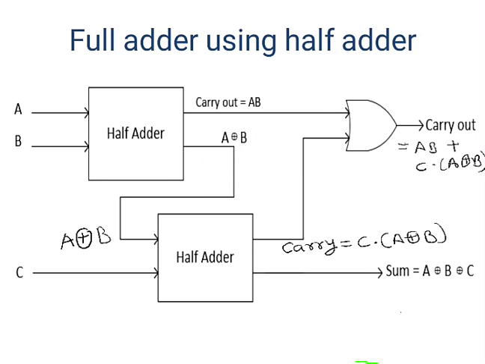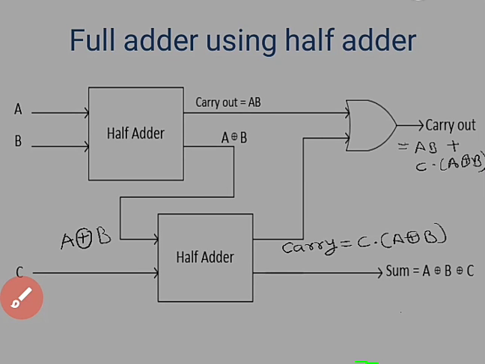Then combine the carry of both the half adders and give it to the OR gate, and you will get the carry output. And the second half adder sum is the output of the full adder. So this is the full adder using half adders. This is all I have covered for the full adder in digital electronics.